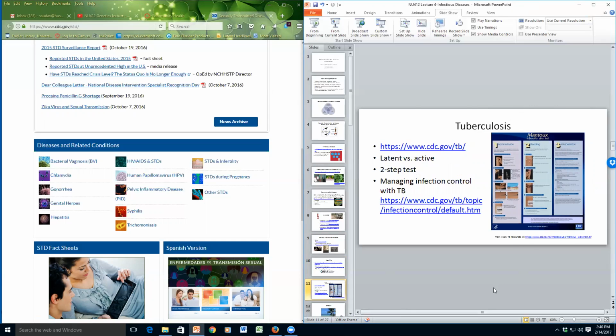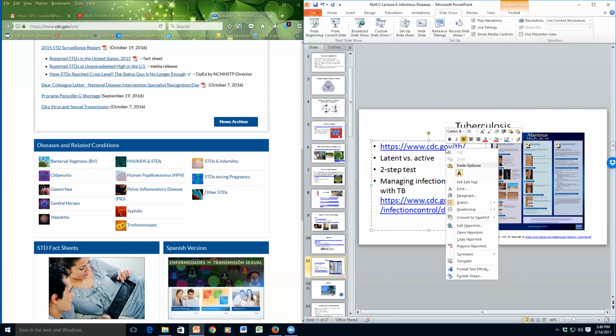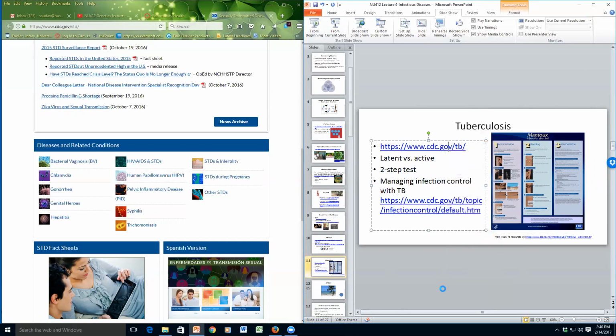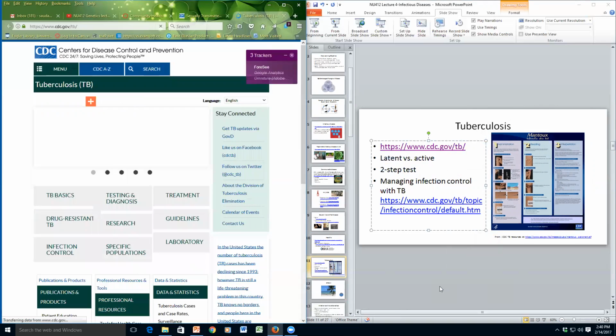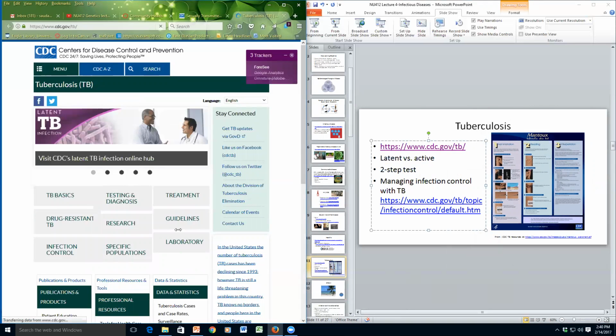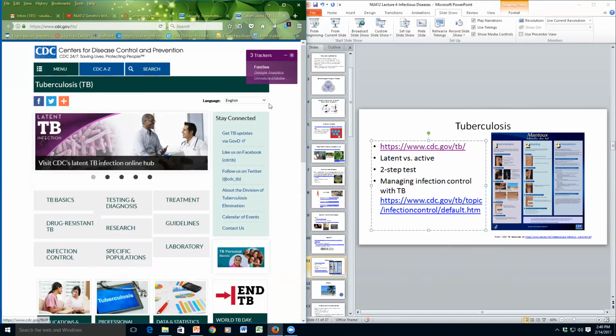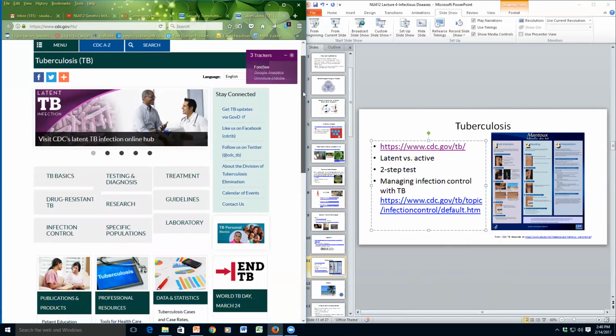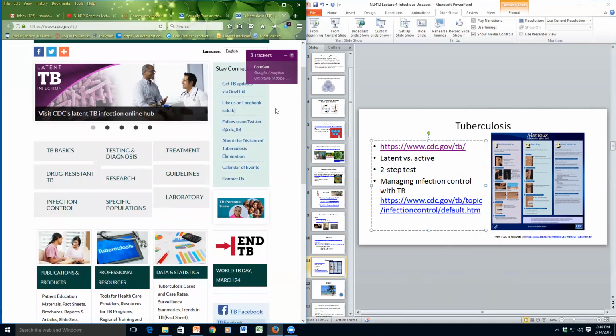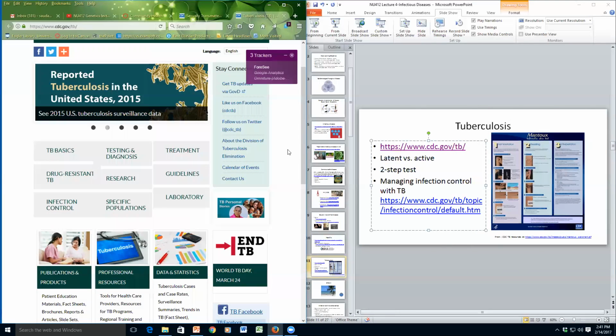Tuberculosis, another area of significant concern to vulnerable populations. Again, the CDC taking the lead in giving us information and up-to-date current information about tuberculosis. If you end up working in a clinic or in an area of respiratory practice, you might want to sign up for their Twitter feed so that you get current information.